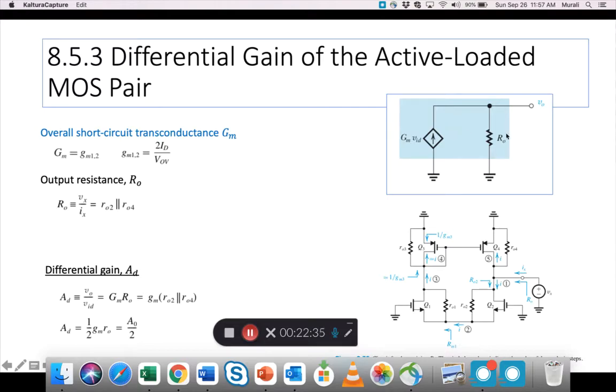But generally it benefits us to have a current flow through a resistor, and that gives you a signal voltage at the output Vo. So a simple model. Now we have to find what this Gm is, right? Everything else we know, or we have to find the Gm and the Ro, right?